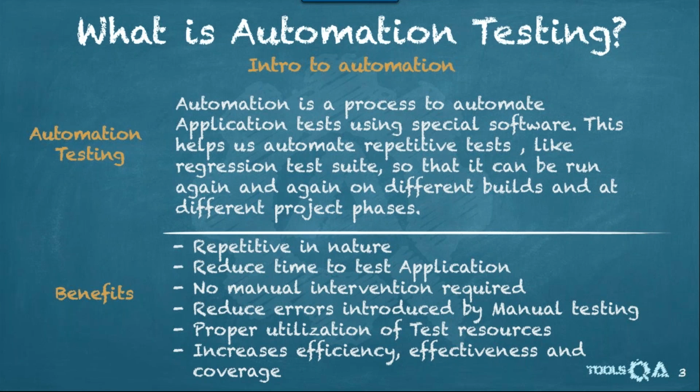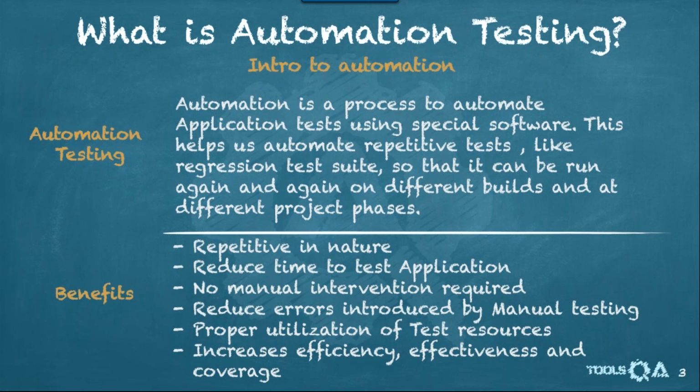And then effectiveness, yes, automation tests are effective in nature because they can do the same thing without any error. If you write a code for a test today, it will do exactly the same thing which you have coded after a few days also, even after a year also. So the effectiveness of an automation test is far better than a manual test.